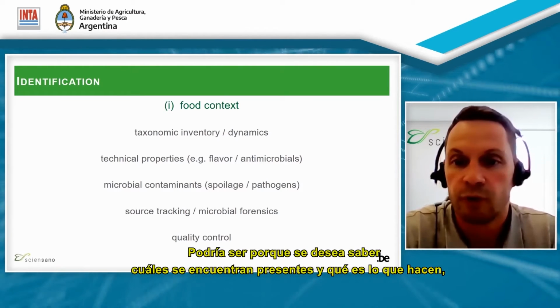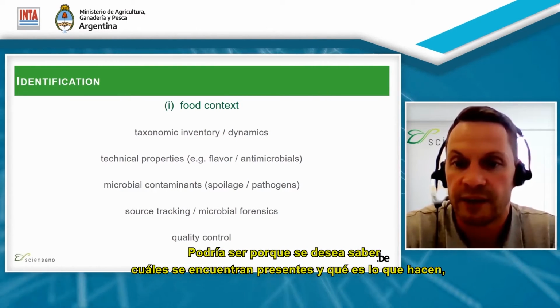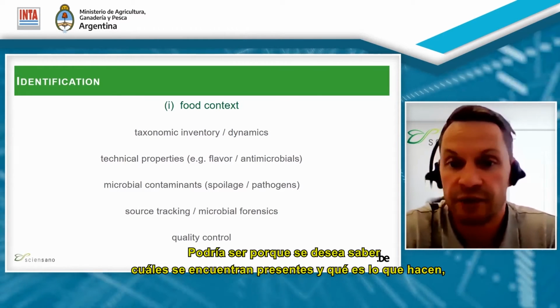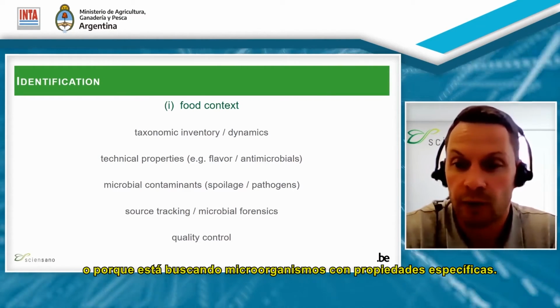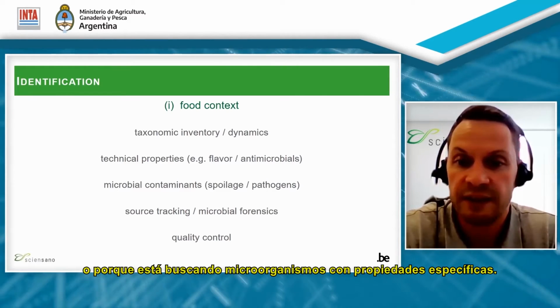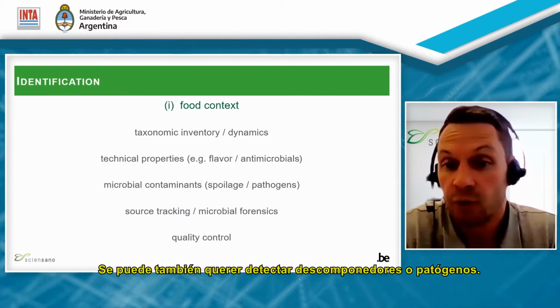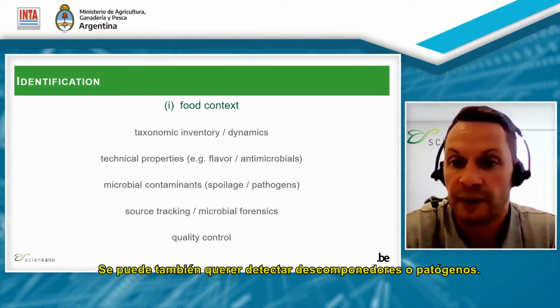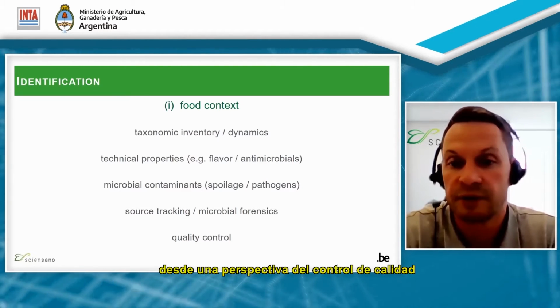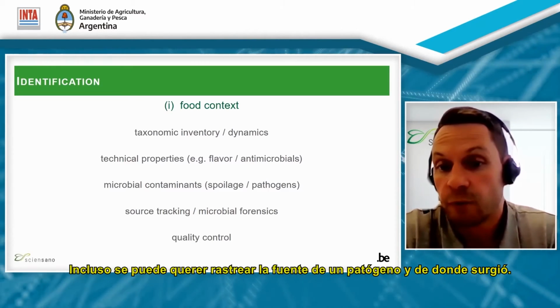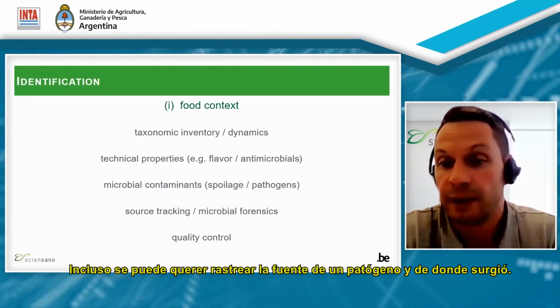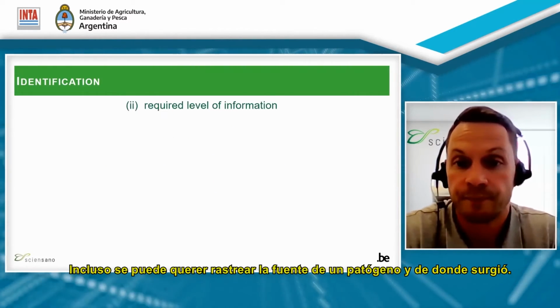Just because we want to know what is present and what they do, think about fermentations, or because we are looking for microorganisms with specific properties. We can also want to detect spoilers or pathogens, and this can then be put in a quality control perspective, or we can use it for source tracking. A given pathogen, where did it come from?